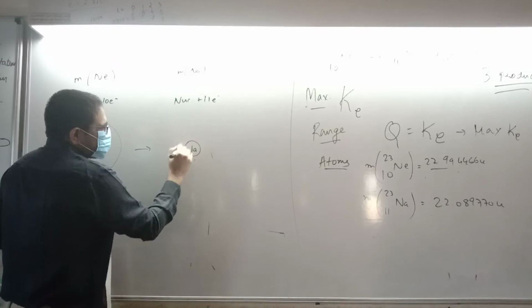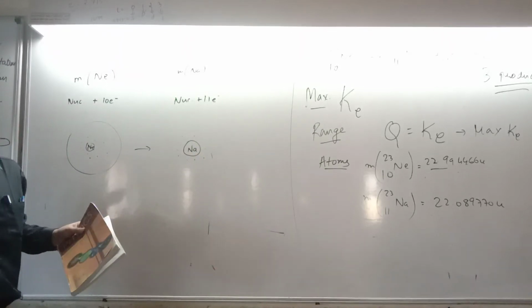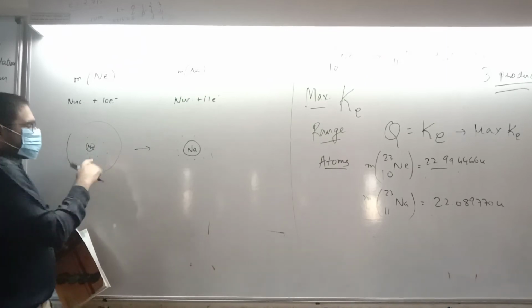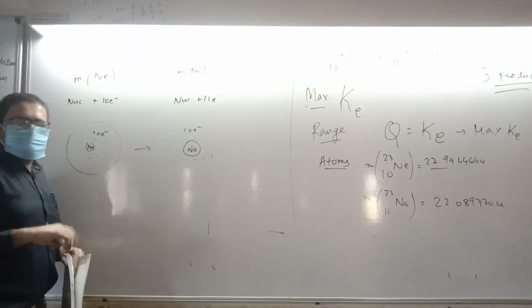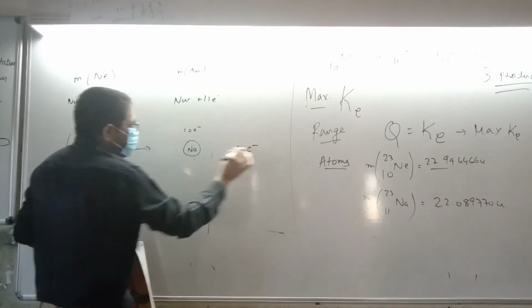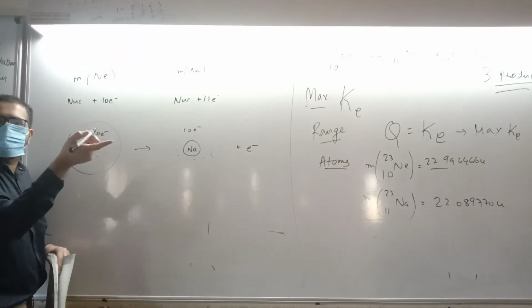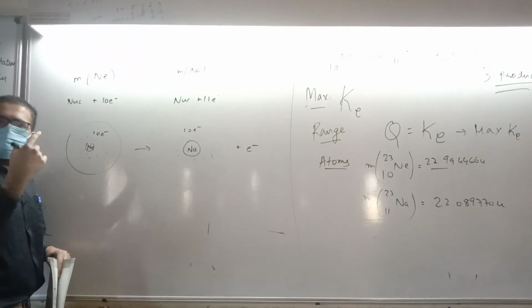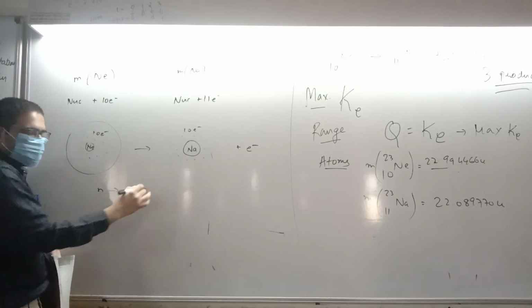How many electrons are still going to be there? 10, because the outside electrons are not affected. Make sense? So there are 10 electrons, and now there is one extra electron emitted. Where did that extra electron come from? From the conversion of neutron to proton. Beta minus process, N gives P plus electron.